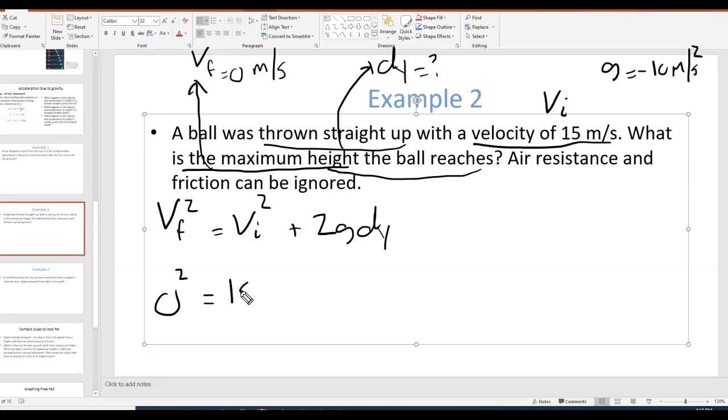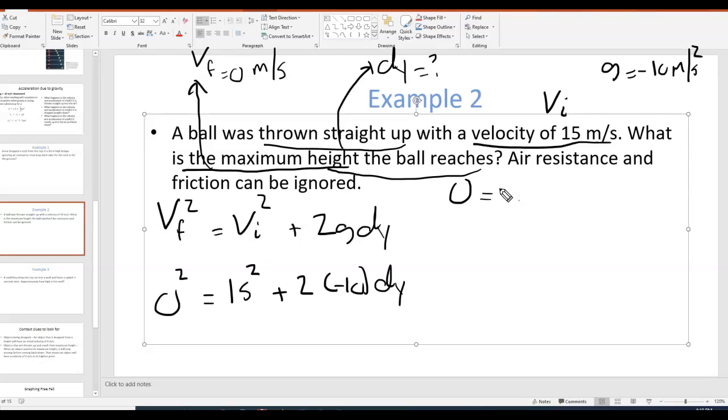V initial is 15 squared plus 2. G is negative 10. And then dy, I don't know what dy is, and so I'm just going to leave dy in my equation. And now I just need to simplify and solve. Okay, so I'm going to simplify this and then do a little bit of algebra to rearrange and get dy by itself. So I'm going to do 0 squared, which is 0.